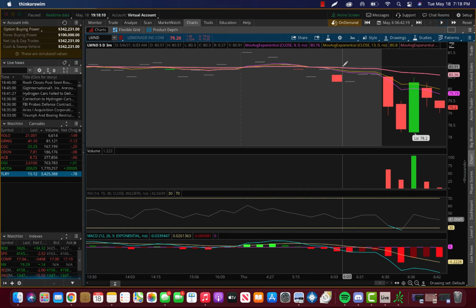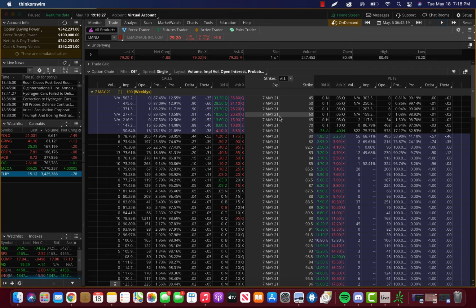Thinkorswim allows you to penny trade, and it gives you monopoly money to trade with, so you can practice these trades live as the market is moving. That's just a tip. So anyways, this is going on, right?